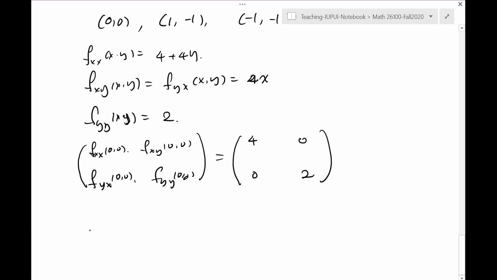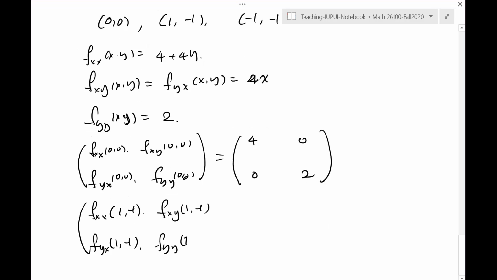The second case, I get (1, -1), right? Okay, so when x is 1, y is -1, this is 0. Okay, when x is 1, y is -1, this is a 4. Okay, 4, 4, and that will still always be 2.